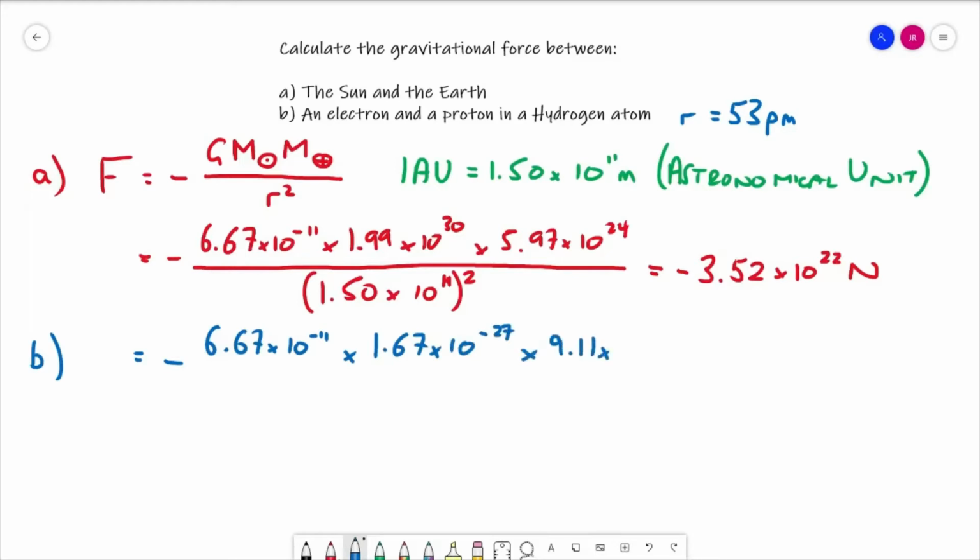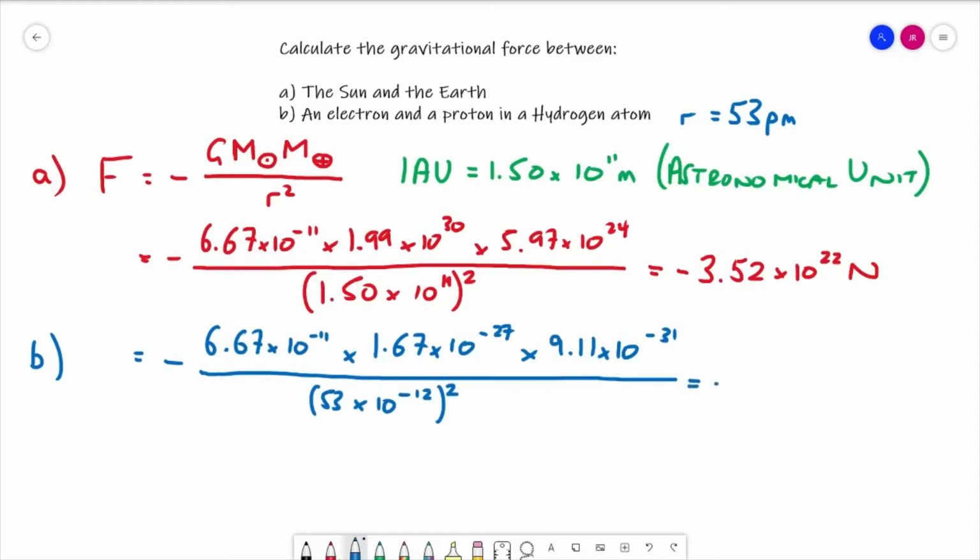And the electron is 9.11 times 10 to the minus 31 kilograms, and we divide that by the distance, which is 53 picometers, so 53 times 10 to the minus 12 squared. Now for that one, once you've hit equals, we end up with a ridiculously small answer. We end up with minus 3.61 times 10 to the minus 47 newtons.